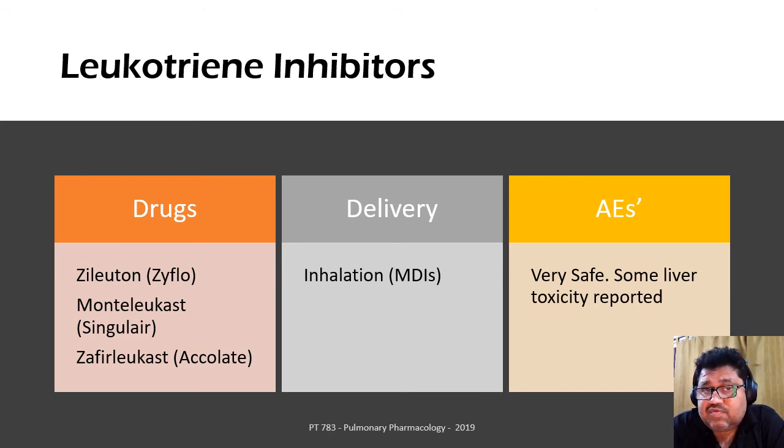The delivery of these drugs is usually via the inhaled metered dose inhaler route. The adverse effects are few, it's relatively safe. Some reports of liver toxicity have been reported, and these are used usually when the previous group of drugs are not adequate to control the reactive airway disease of asthma.